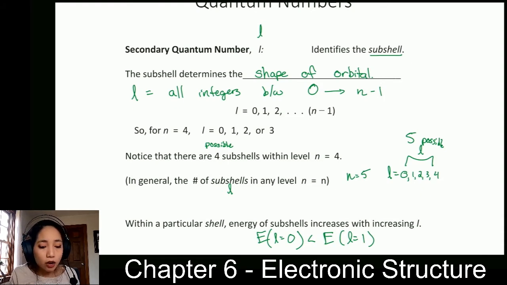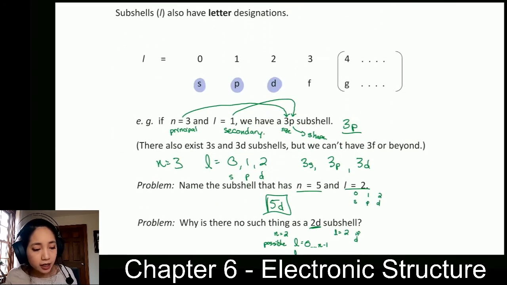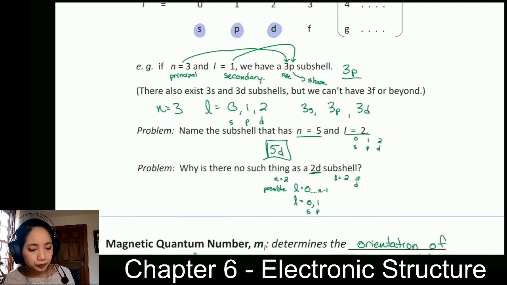So L are all the integers between 0 and n minus 1. Again, we have to identify what our energy level or n principal quantum number is before getting an L secondary quantum number value. And then each of these L subshells has a shape which is designated by different letters. So 0 is S, 1 is P, 2 is D. Those are the ones we mainly worry about.